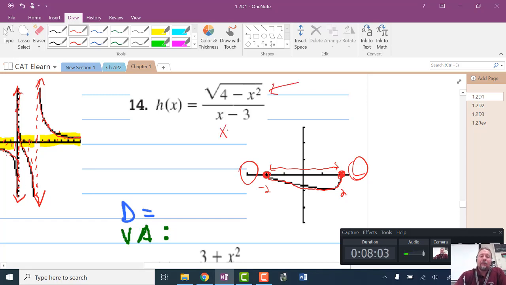Sure, x cannot equal 3, but x already cannot equal 3 up here. So it's already out of the domain because of the numerator. There are no vertical asymptotes because of this special scenario here where x cannot equal 3 anyway because of the numerator. So the domain, by looking at the picture, is brackets because I can plug in negative 2 to 2.